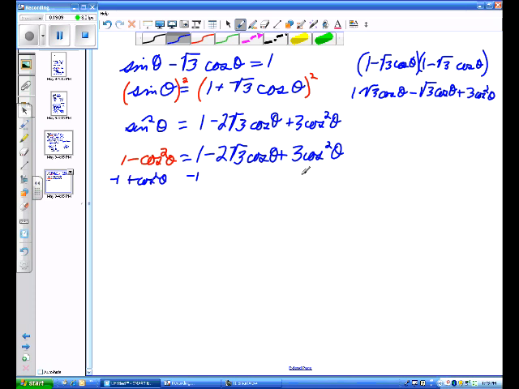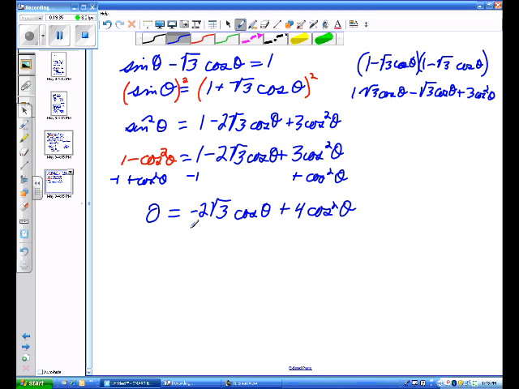And I'm just going to do that all in the same step. So this would leave us with 0. 1 minus 1 is 0, so we have negative 2 square roots of 3 cosine theta plus 4 cosine squared theta. And this one's an easy one to factor because they both have a cosine theta.